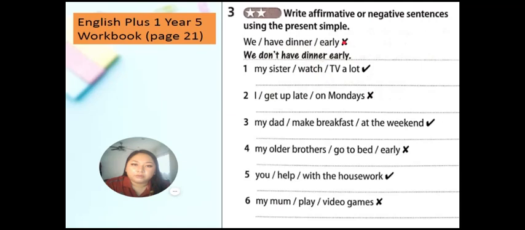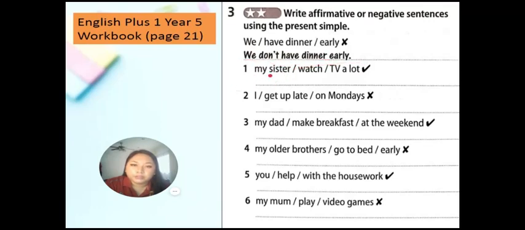So meaning that the ones with X's are negative. This one affirmative. Okay, yang ini negatif, yang ini affirmative. Jadi contoh yang diberi. We don't have dinner early. Because we have X, we must have the negative here, which is not. Okay, we don't have dinner early.